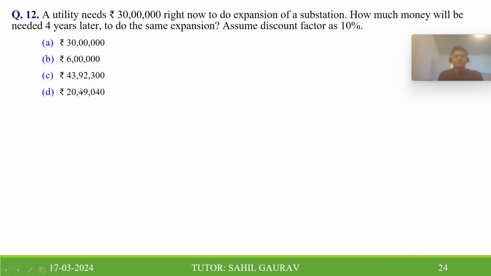Now the next problem: a utility needs rupees 30 lakh right now to do expansion of a substation. How much money will be needed 4 years later to do the same expansion, assuming a discount factor of 10%? These are more of a repeated type of question, only the data are changing.